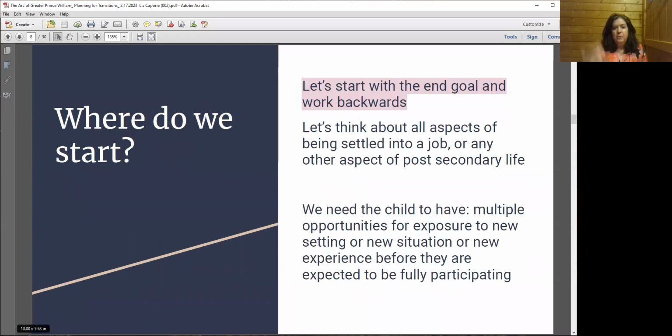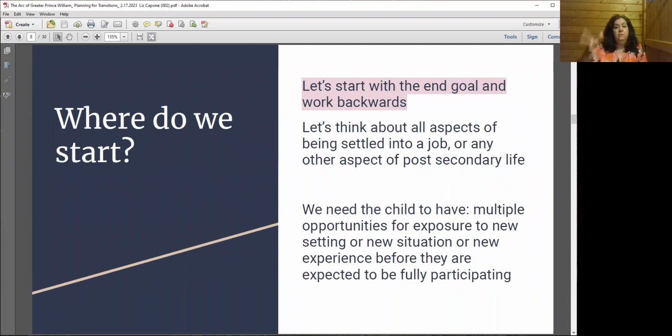So where do we start? We want to start with the end goal and work backwards. I believe most of us want as much independence as possible. I want you to take these strategies and recommendations in terms of looking for a job.